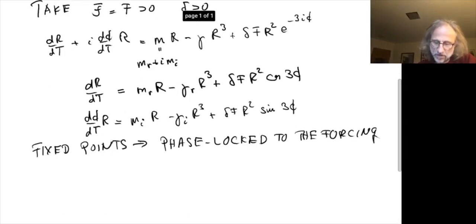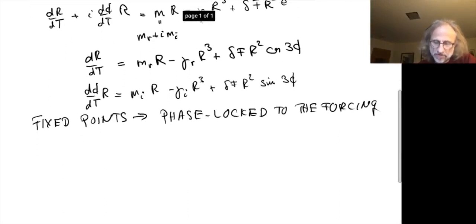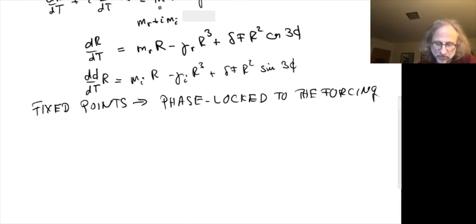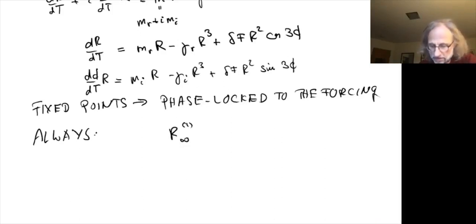Okay. So the one thing that's obvious is that since both equations are proportional to r, there's always a solution r equals 0 for all parameters. So I could call that a fixed point, a steady state, I call it R infinity, and that's the first one, and that's equal to 0. But note, this doesn't mean that y is equal to 0.